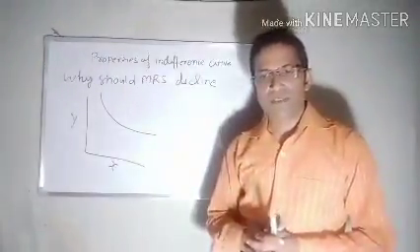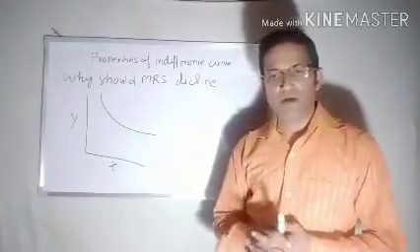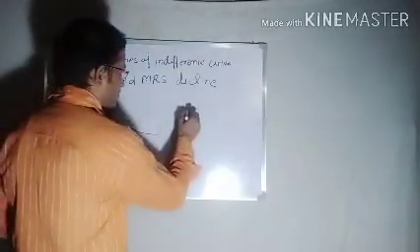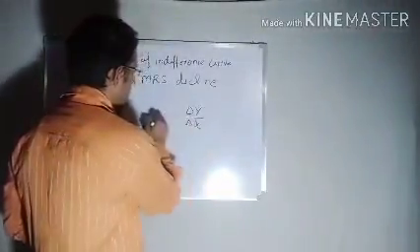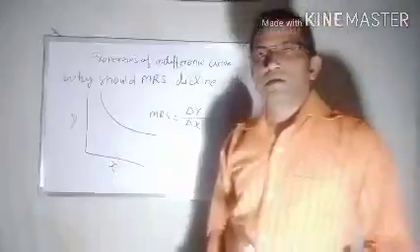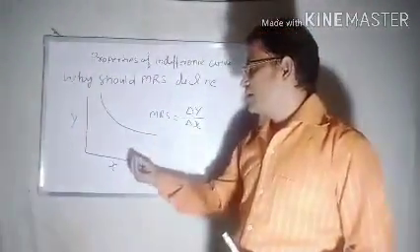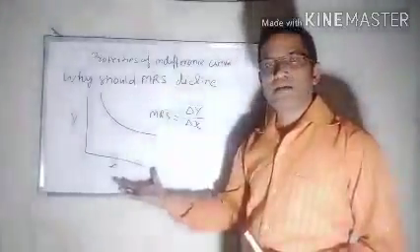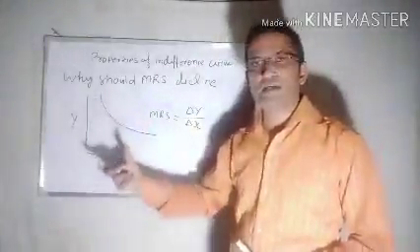It is because for every successive unit of X the consumer is willing to give up less and less amount of Y. Accordingly, now we can write this MRS. You can understand now, when the consumer is buying more and more of good X, the intensity of good X starts to decline, and when he is giving up more and more of Y, the intensity of Y starts to rise.